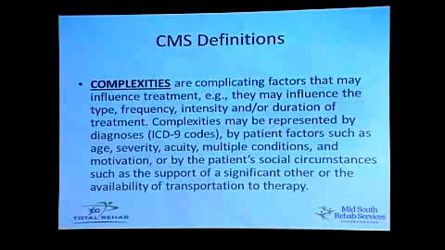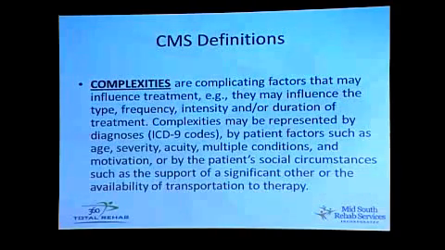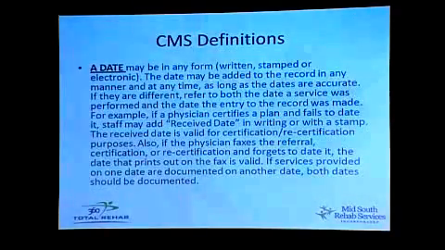Complexities may be represented by diagnosis, which is the ICD-9 code, the patient factors such as age, severity, acuity, multiple conditions, and motivations, or by the patient's social circumstances, such as the support of a significant other or the availability of transportation to therapy.